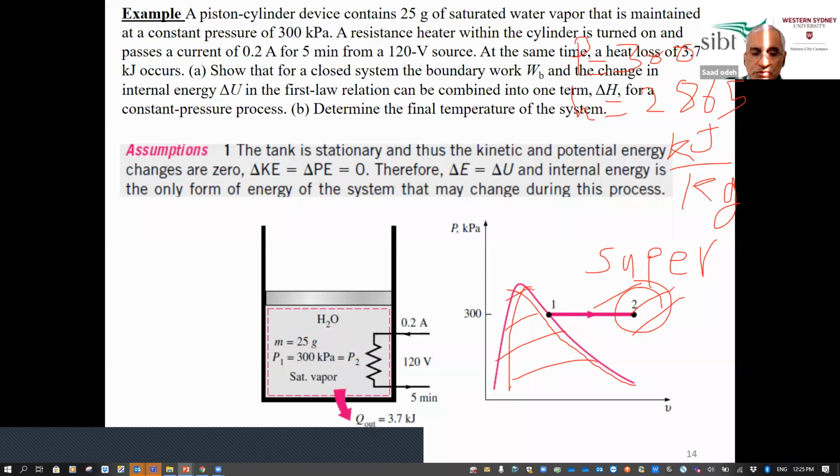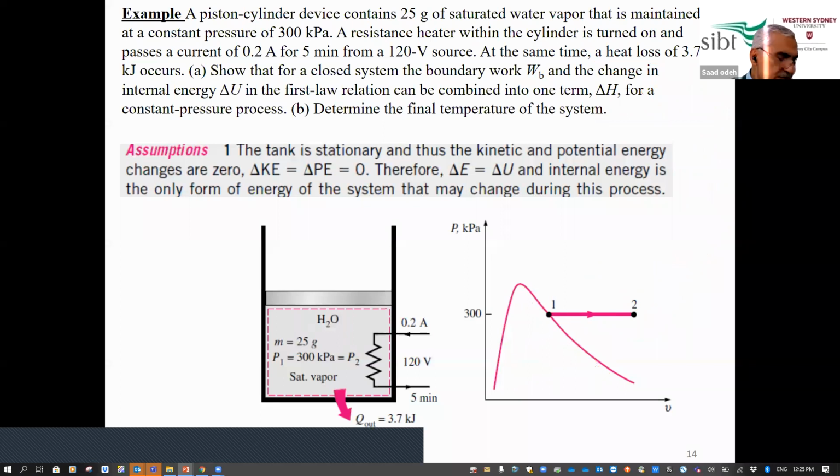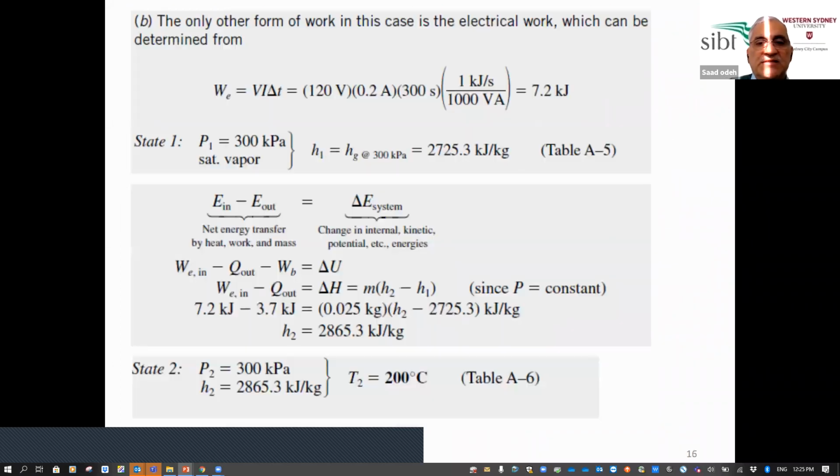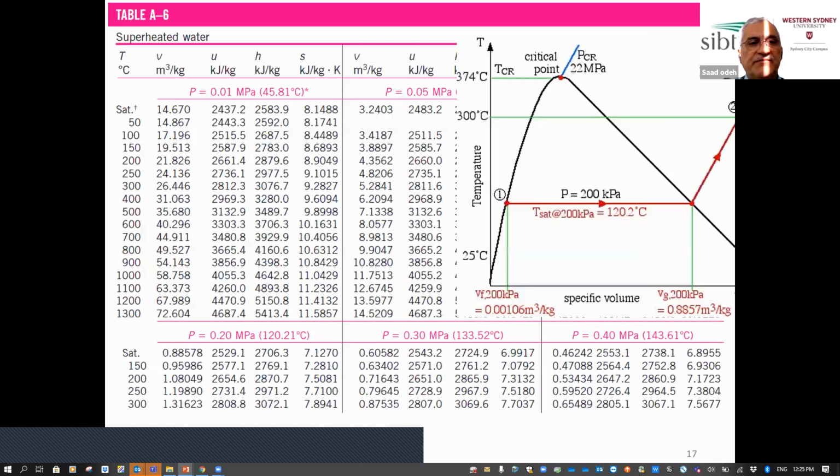So now if I go to the tables, let me go back here. This is the table I have, right? And this is table A6. I want to find the temperature at pressure 300 kilopascal and H 2865. So what should I do?